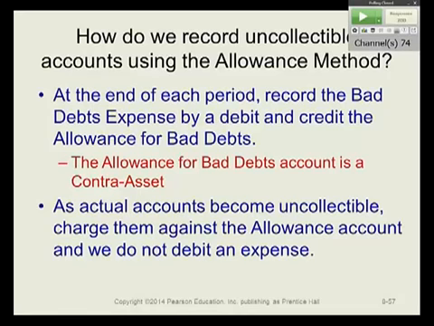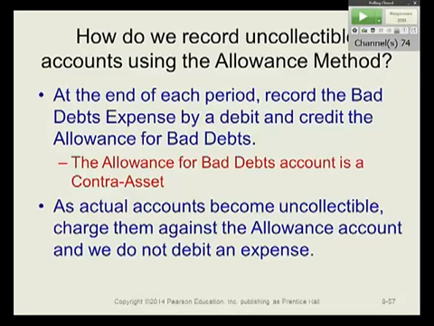Accounts receivable has a debit balance. The allowance has a credit balance typically, and together that's known as the net realizable value of accounts receivable.